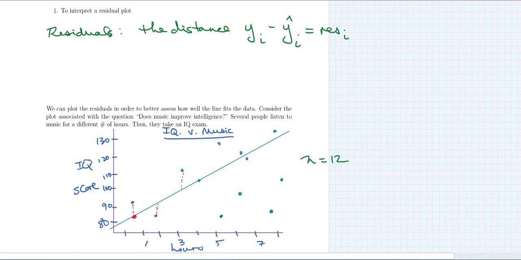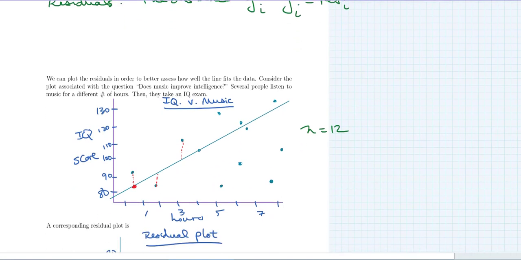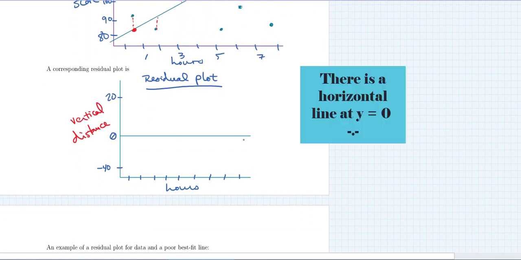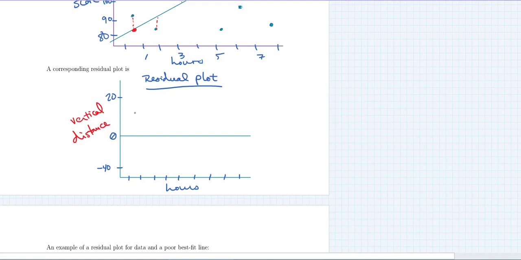If the point is below the line, then this value is smaller than that value, and the residual will be negative. Why is that important? When we look at the residual plot, we have a horizontal axis at 0, and the vertical distance will be negative when the point is below the line, and positive when the point is above the line.